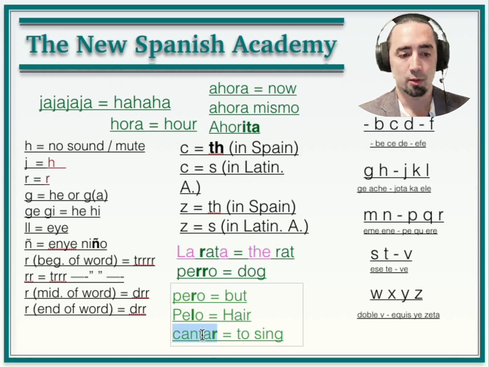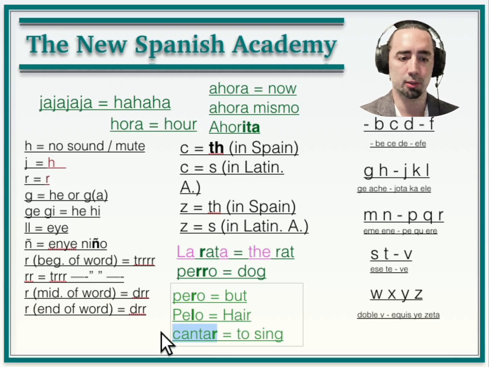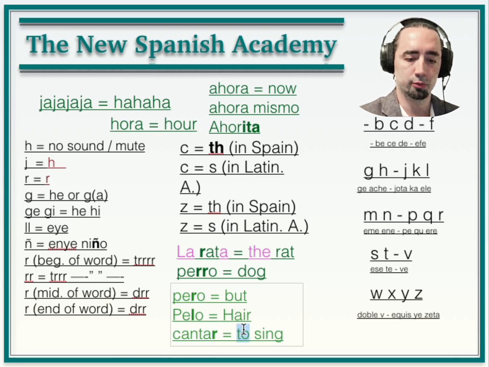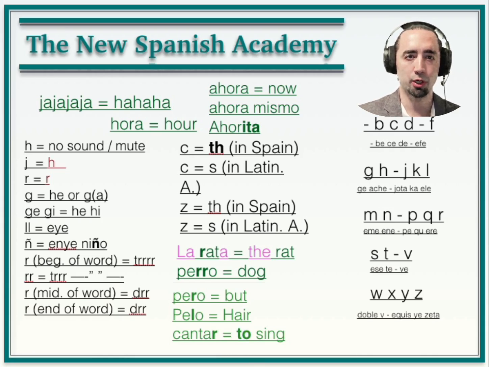Alright, so what does the word cantar mean? Cantar means to sing, alright? It's very important for you to notice the to sing, alright? To sing is what we call in grammar terms the infinitive.